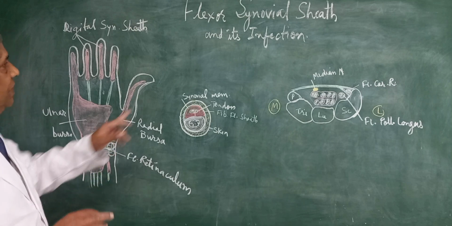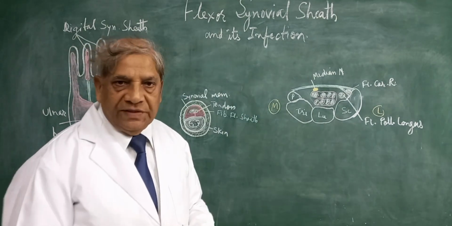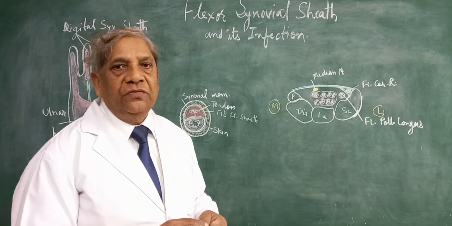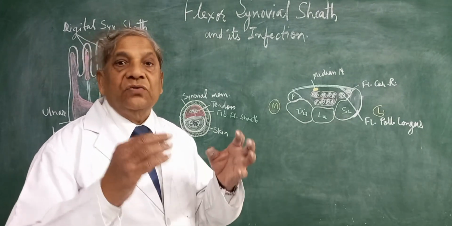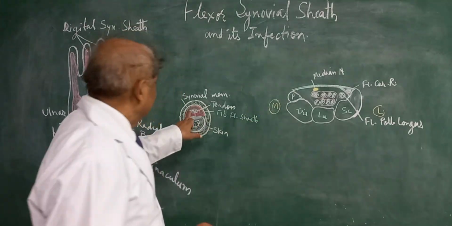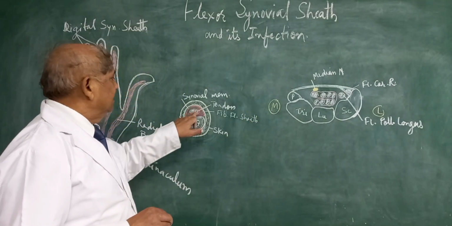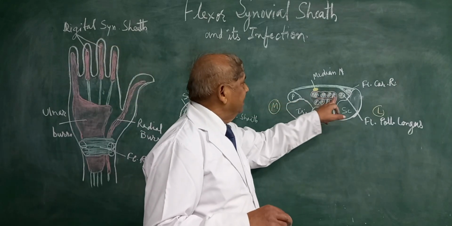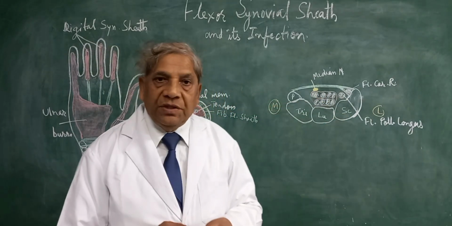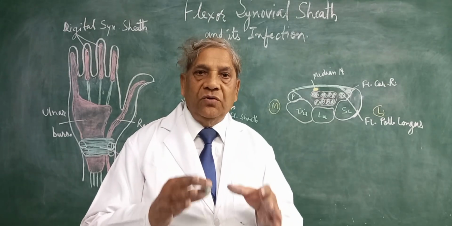Now if we come to the infection of this synovial sheath, when the synovial sheath gets infected, it will also infect the tendon which it surrounds. See here, this is the tendon, and if this synovial sheath gets infected, it will also involve the tendon. The condition is called tenosynovitis.